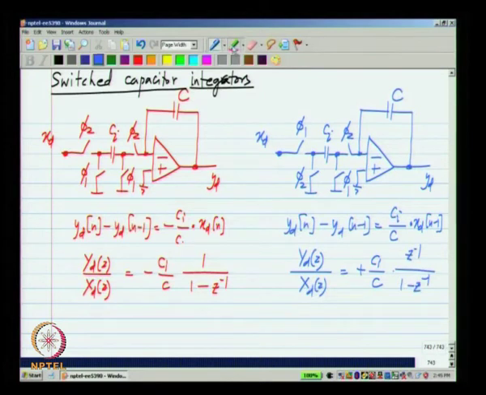Now, you see what differentiates between these two is, first of all, the sign. The sign is of not much consequence in a fully differential circuit, but the other thing is you have an extra factor of Z inverse here, whereas you do not have it there.